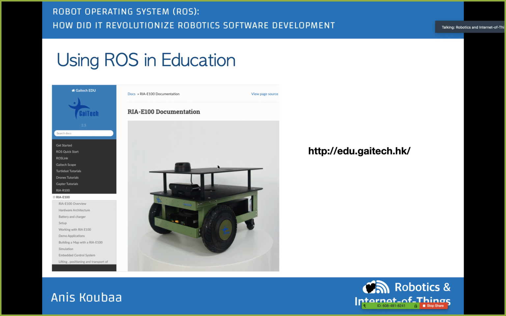It's a pretty complete tool for education and research. And we have a lot of tutorials and resources available that you can find on edu.gaitech.hk. We have also a bigger platform for research and education, called the RIA R100, which is bigger in size and for heavier payloads.